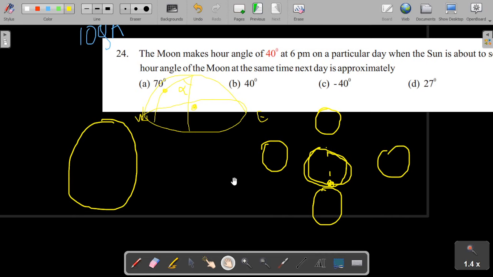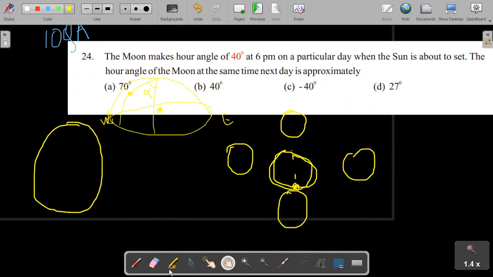Okay, so as I was saying, the moon takes around 28 days to completely revolve around the earth. So as we come across this same point of 6 p.m. in time, the moon would actually be shifted by some angle.